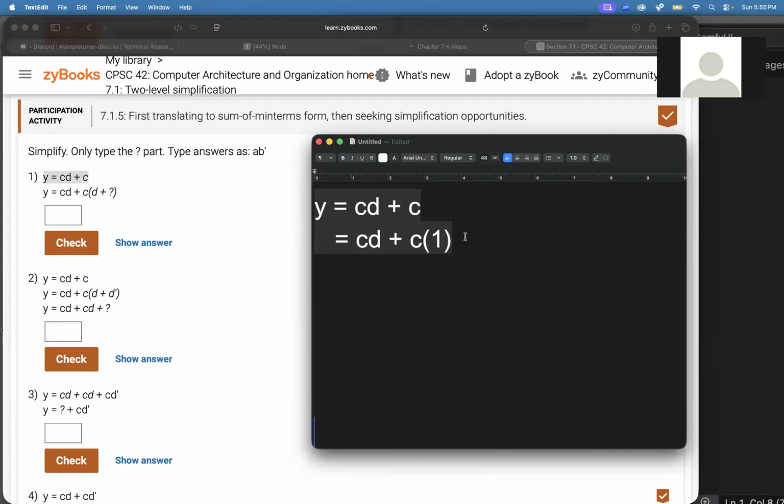So you add a 1. After you add the 1, you would be able to turn that 1 into D or not D. I'm using D because I can see that that's the other variable name.